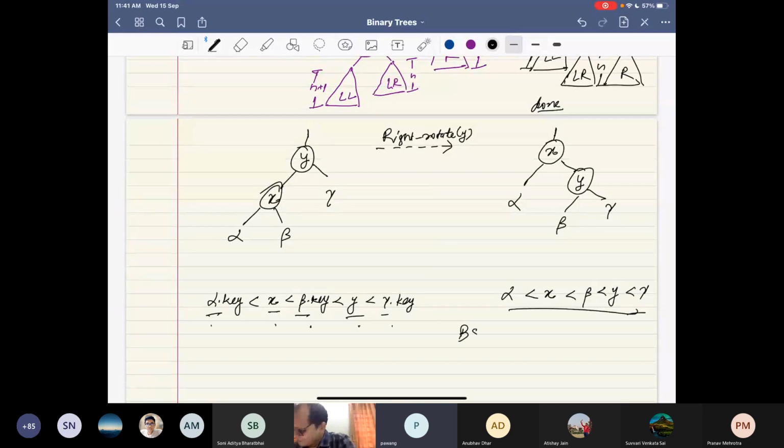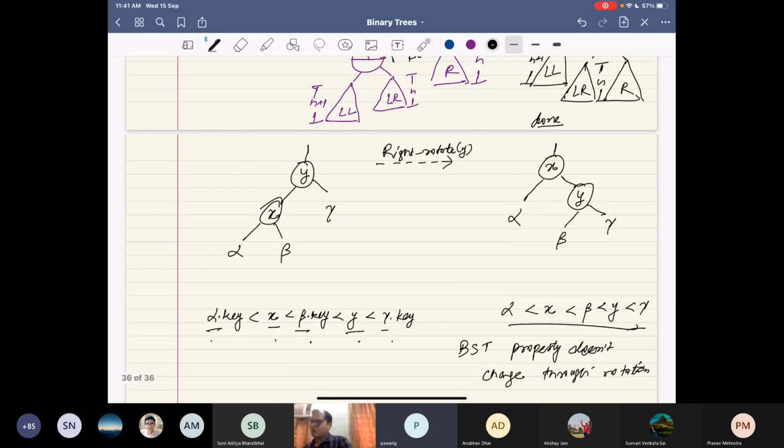So the binary search tree property does not change with rotation. And analogously, I can define a left rotation. Left rotate with x, and this is what I'll get.